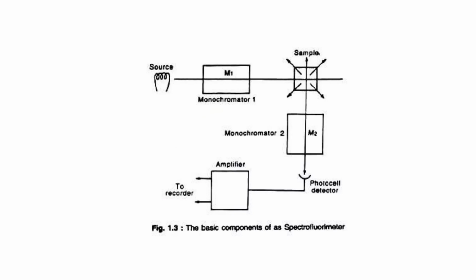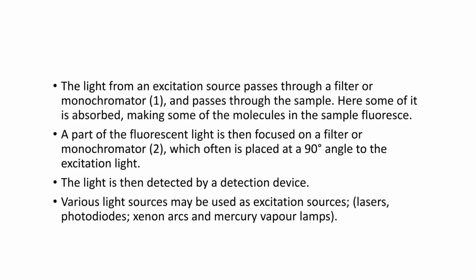These are the basic components of a spectrofluorimeter. The light from an excitation source passes through a filter or a monochromator, the first monochromator, and passes through the sample. Here, some of the light is absorbed, making some of the molecules in the sample fluoresce.